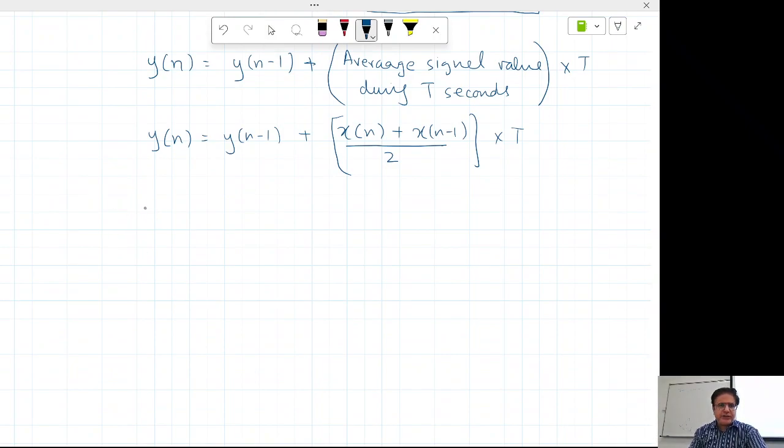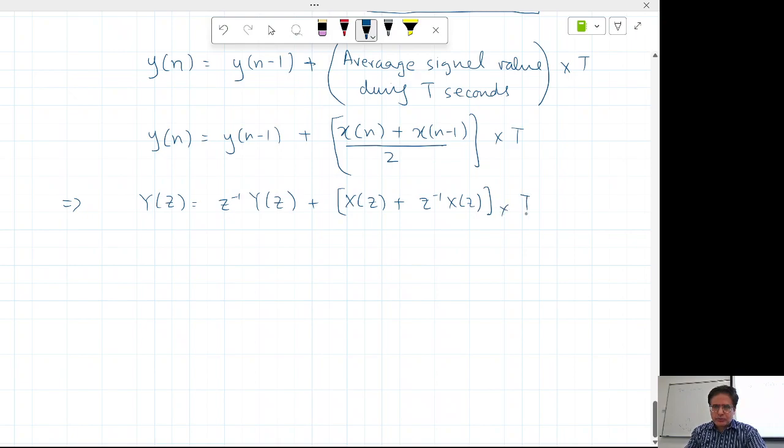So let's take the z transform on both sides. This is Y of z equals z to the power minus 1 Y of z, plus X of z plus z to the power minus 1 X of z, and this whole thing multiplied by T over 2. Clear?